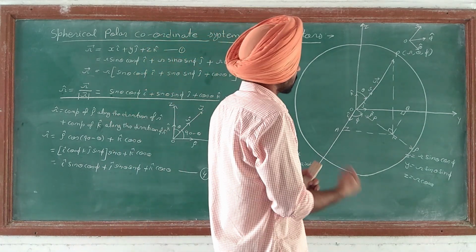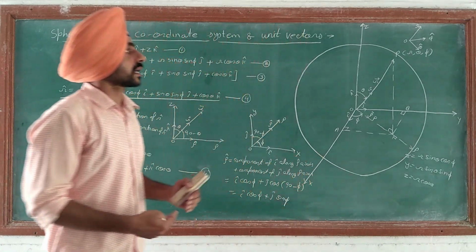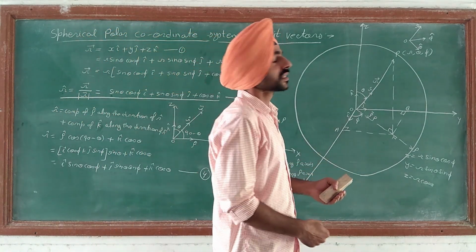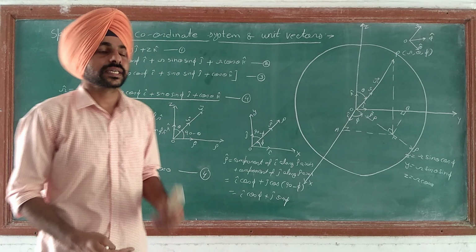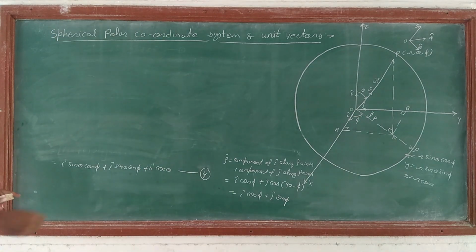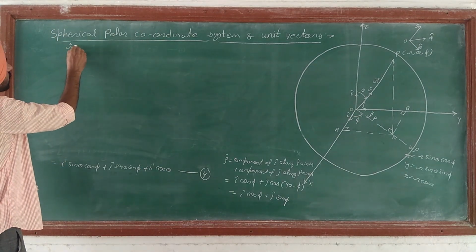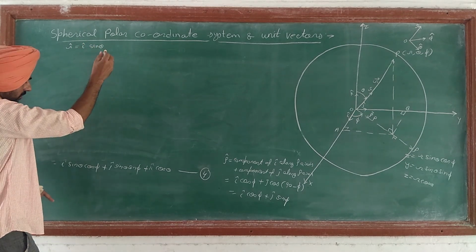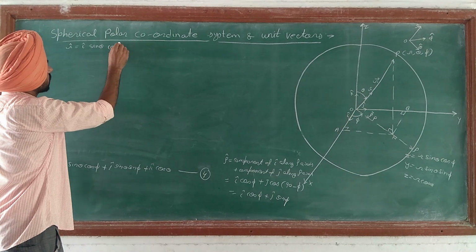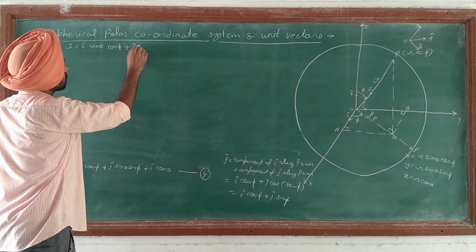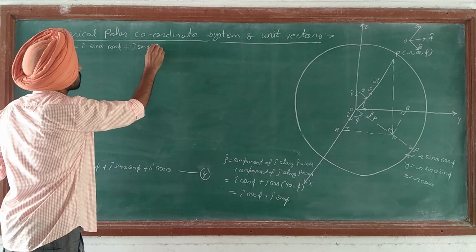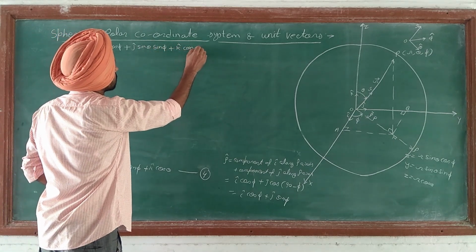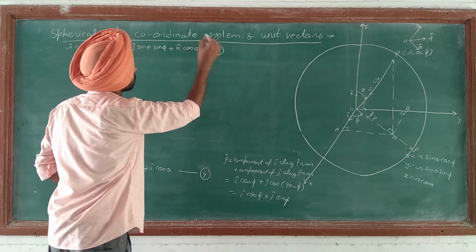So the angle between r cap and theta cap is 90 degrees, the angle between theta cap and phi cap is 90 degrees, and the angle between phi cap and r cap is also 90 degrees. So finally, I will write r cap as i cap sin theta cos phi plus j cap sin theta sin phi plus k cap cos theta. This was equation number 4.